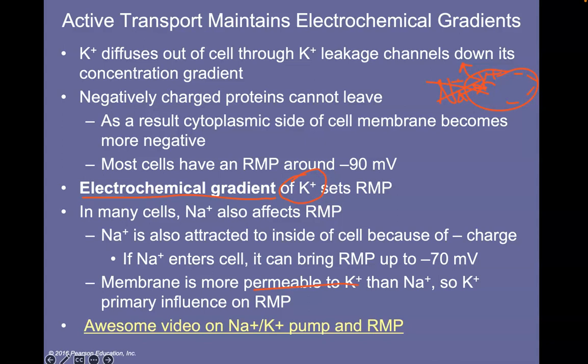So what that means is we have positive charge leaving, negative charge stuck on the inside of the cell, and not much positive charge coming back in because the membrane's more permeable to potassium. Okay, so this leaves us with this negative charge on the inside. Again, most cells have a resting membrane potential of around negative 90 millivolts.